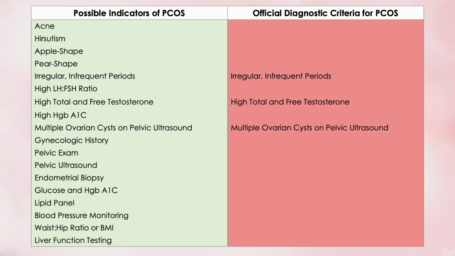So here's a comparison of all the possible indicators of PCOS versus the official diagnostic criteria for PCOS. See the big difference? There are 18 different possible indicators, of which only 3 are considered official diagnostic criteria.